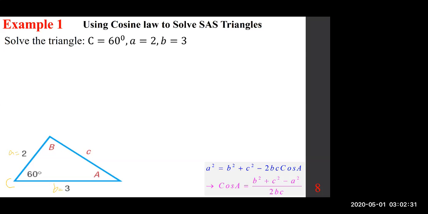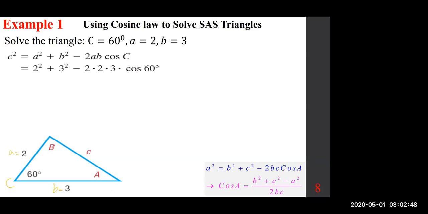All right. So we have the formula here, A squared equals B squared plus C squared minus 2BC cosine A. And so we're going to plug in.